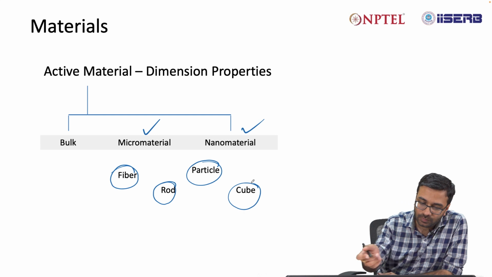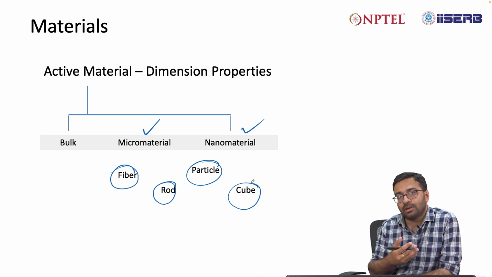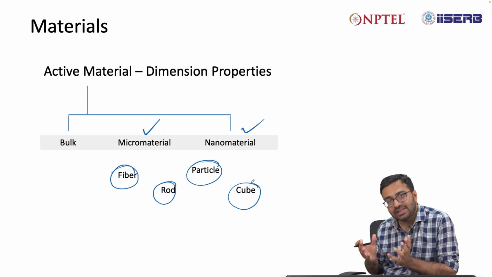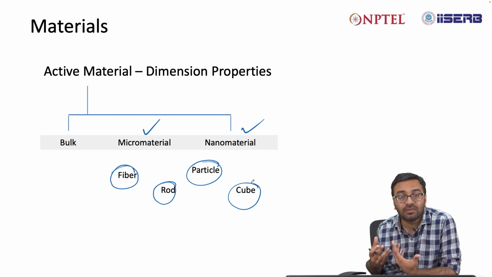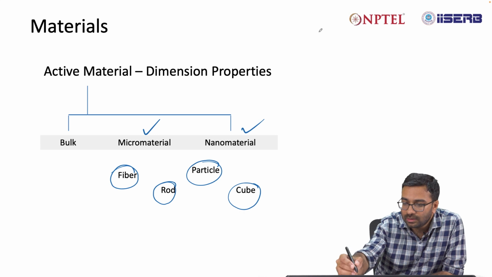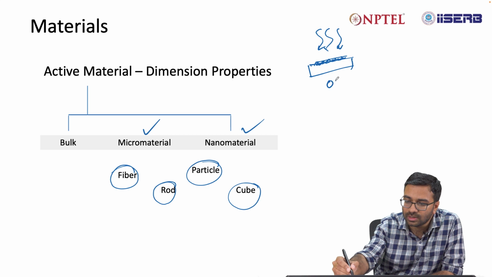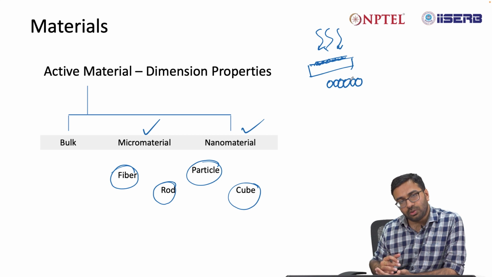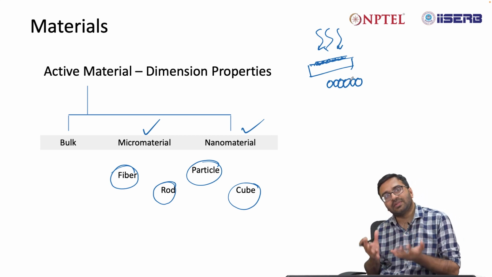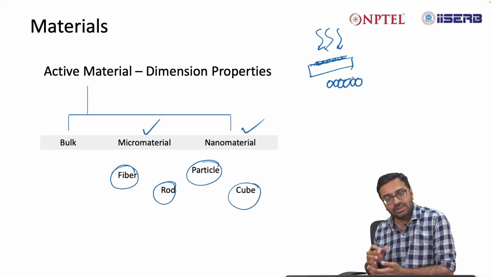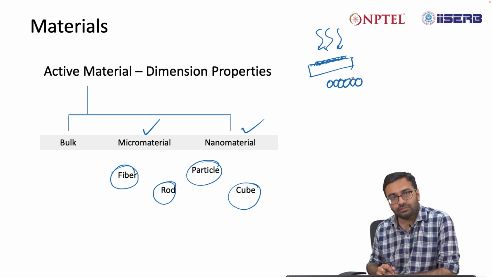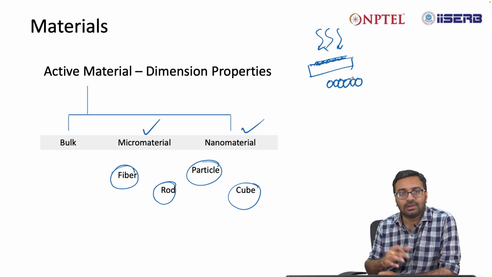For example, if I want to make a sensor where higher surface area is required, as in a gas sensor, I want the gas to react with most of the active material so that you get a better response. In that case you use nanoparticles, because nanoparticles have a higher surface to volume ratio, so you get a higher surface area. These are the considerations you may consider while choosing a material.